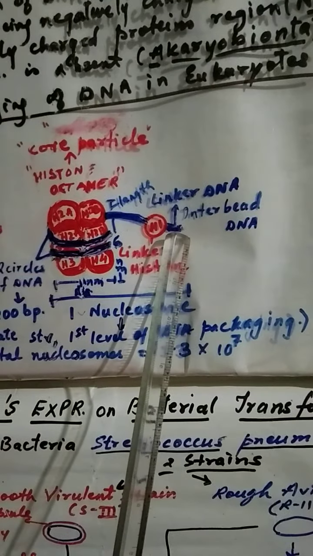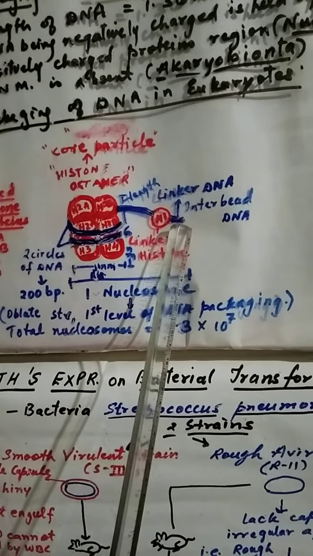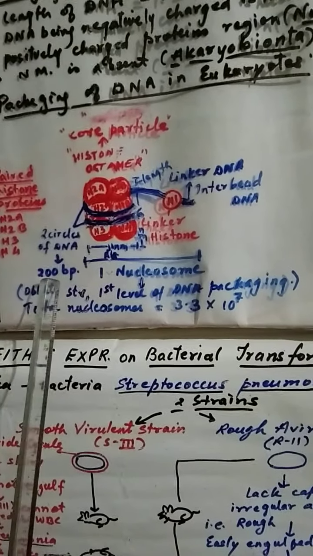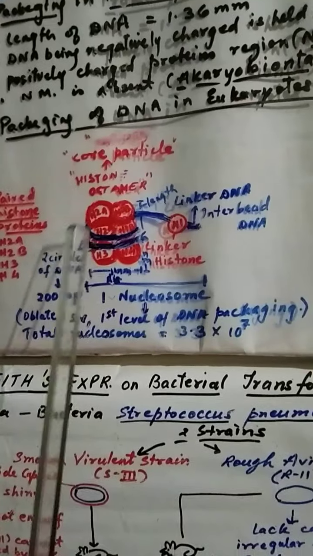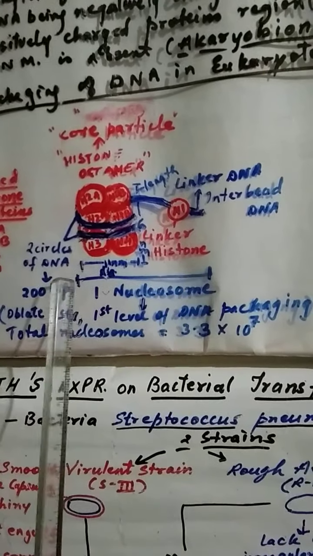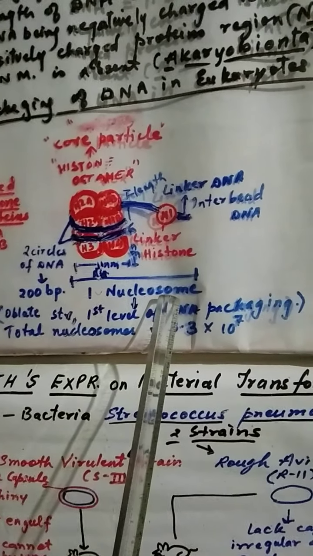So this is called linker DNA, or interbead DNA, this ribbon strand. These 2 circles of DNA have 200 base pairs. Now this octamer up to the linker DNA, this full one unit, is called one nucleosome.